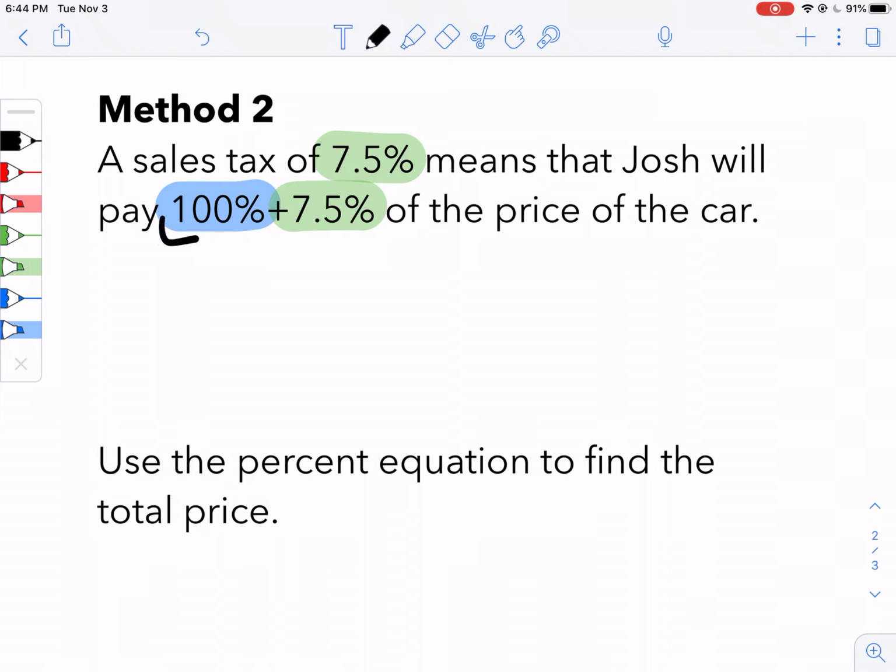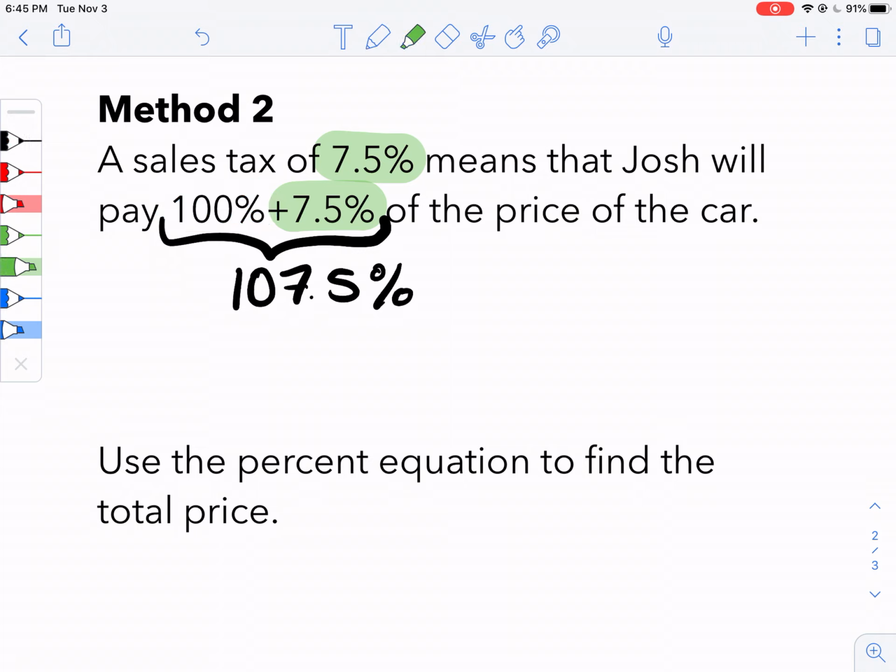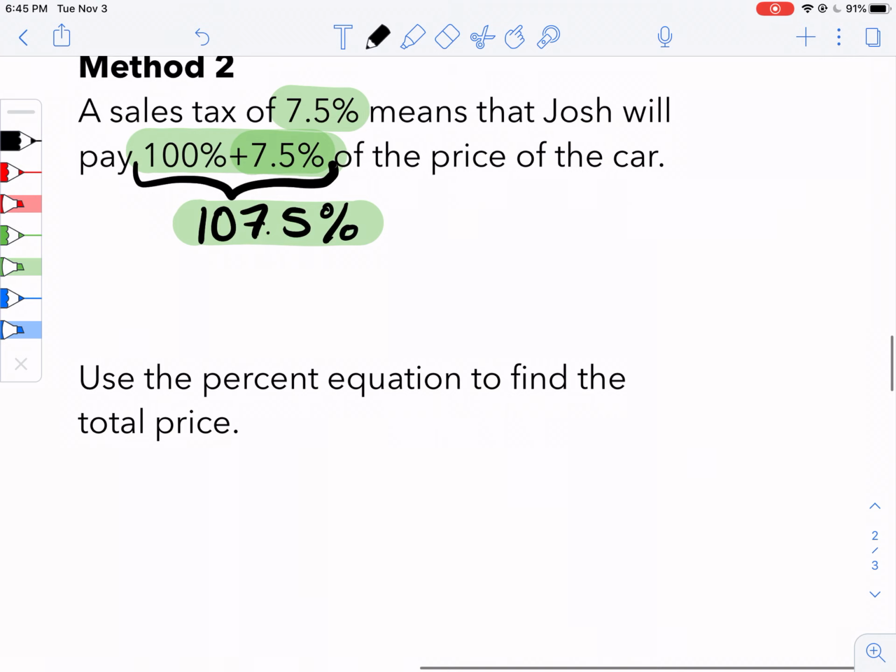So if we add these two percentages together, that's 107.5% of the original price. So our rate now is not 7.5, it's 107.5. We're going to take that as our percent rate and plug that into the percent equation.